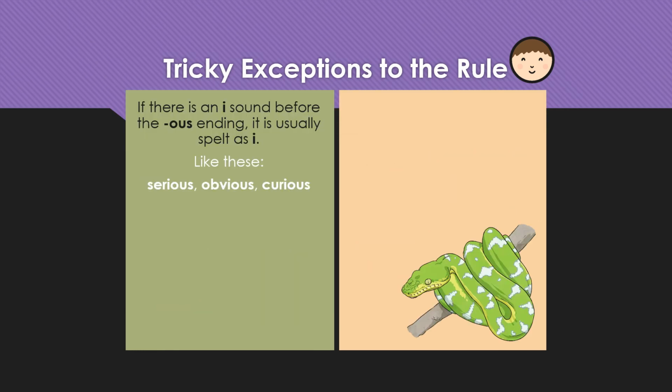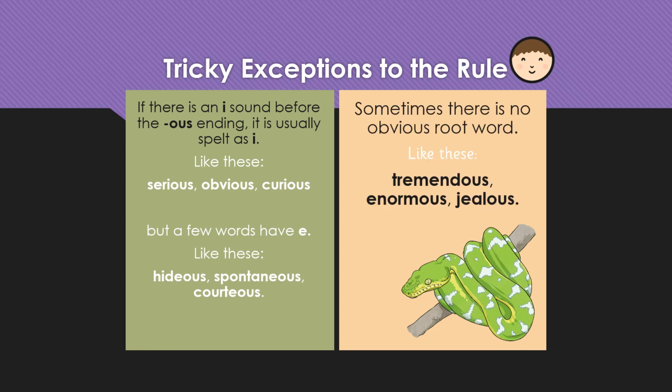If there is an I sound before the OUS ending, it is usually spelt as I, like these: serious, obvious, curious. But a few words have E like this: hideous, spontaneous, courteous. Sometimes there is no obvious root word like these: tremendous, enormous, jealous.